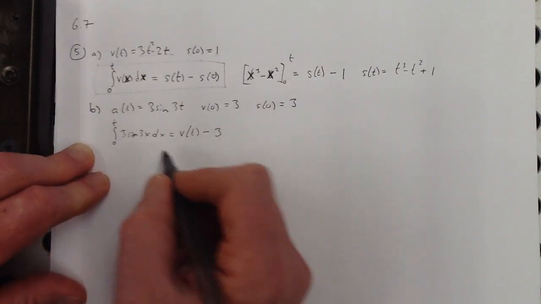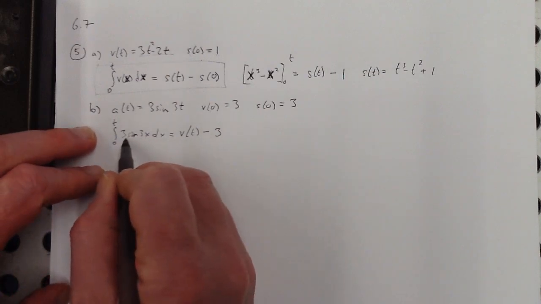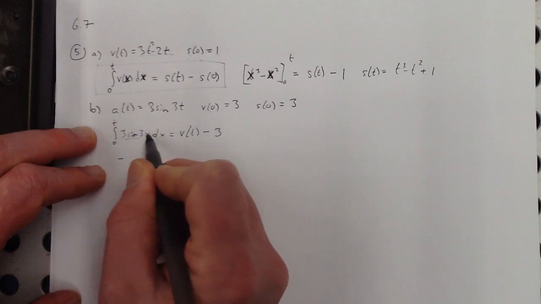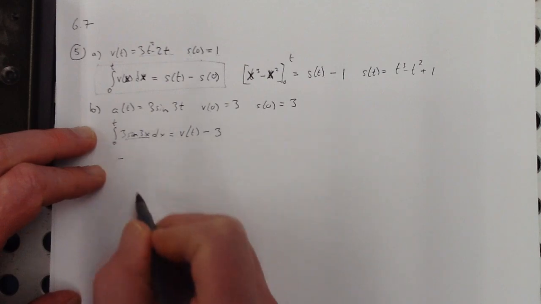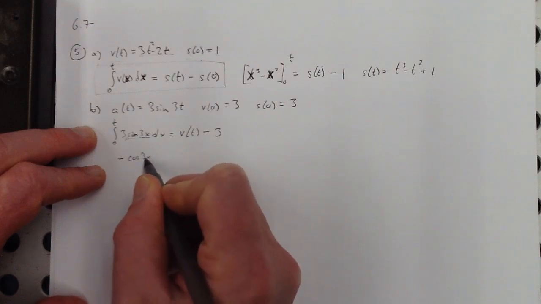And the antiderivative of sine is negative cosine, and then you divide by the thing inside because it's just a linear multiple of x there. So that's negative cosine 3x.